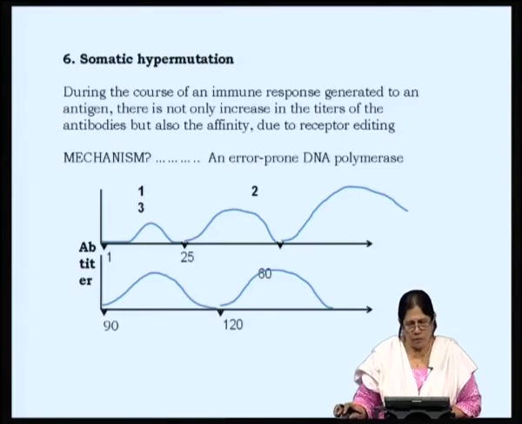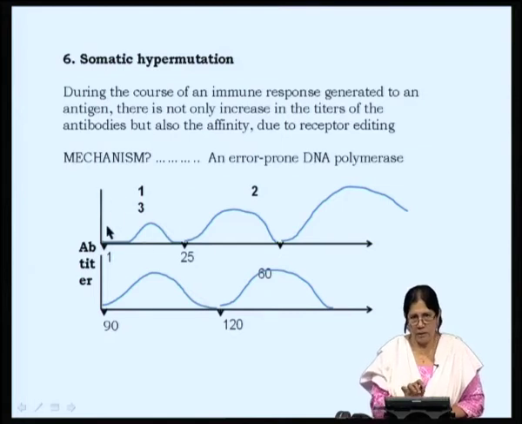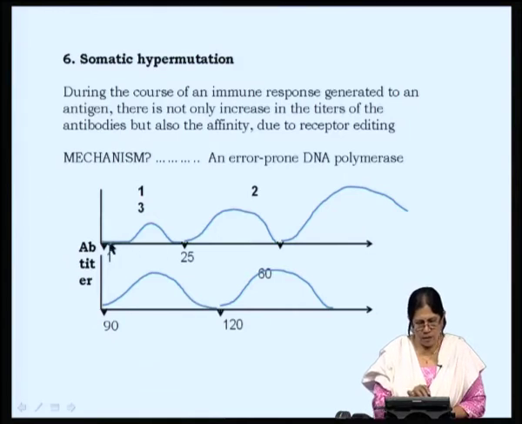During the course of an immune response generated to an antigen, there is not only an increase in the titers of the antibodies, but also in the affinity. This was looked at a little bit closely. How does this happen? Now, remember this figure. This is an experiment that was conducted in a rabbit, injected with one particular antigen on day 1.